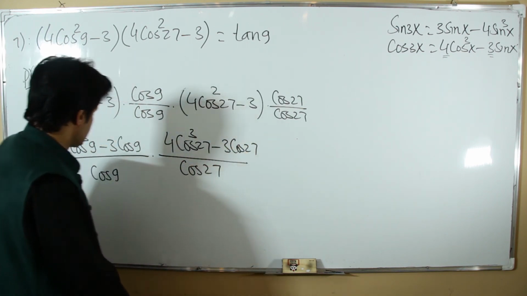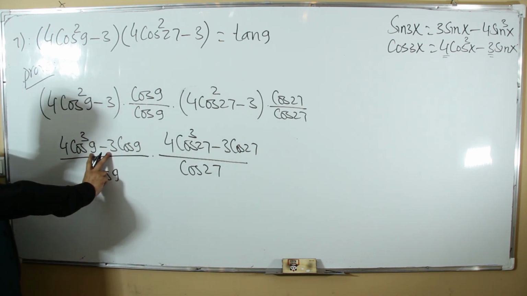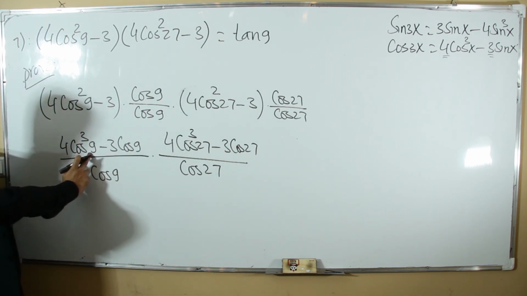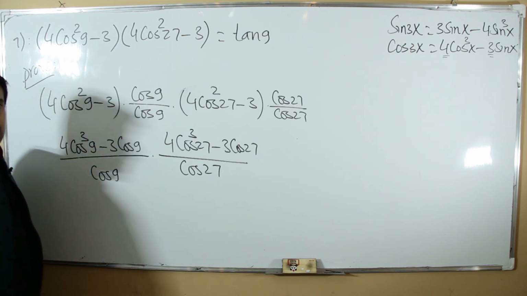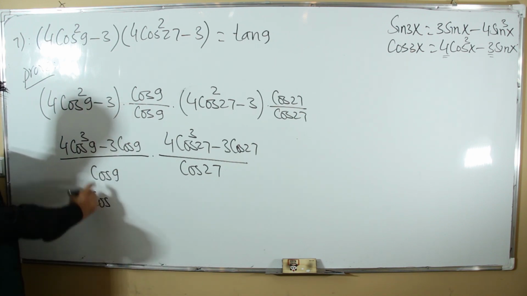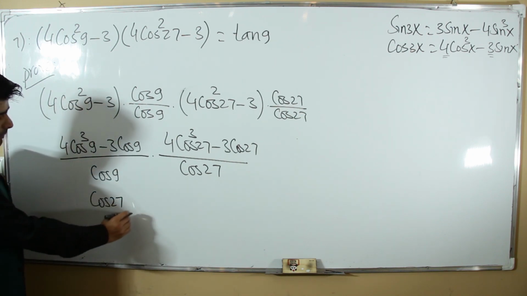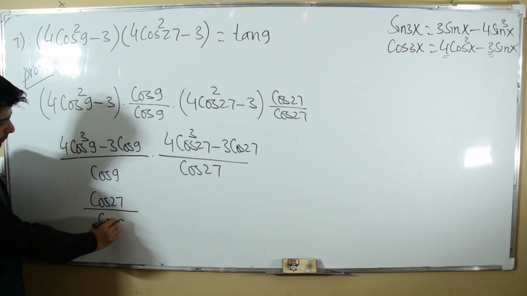Am I right? Yes. Now we have the formula for cosine of 3x in here. If this one is x, 4 cosine cube of x minus 3 cosine x is cosine of 3x, cosine of 3 times 9, which is 27, divided by cosine of 9.